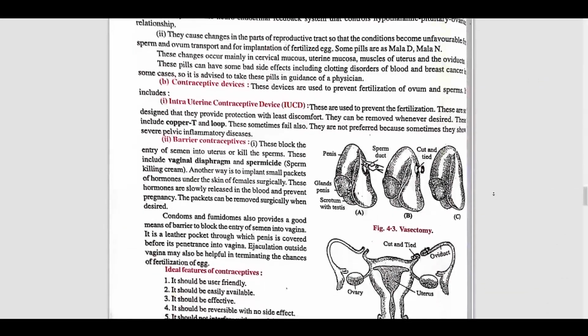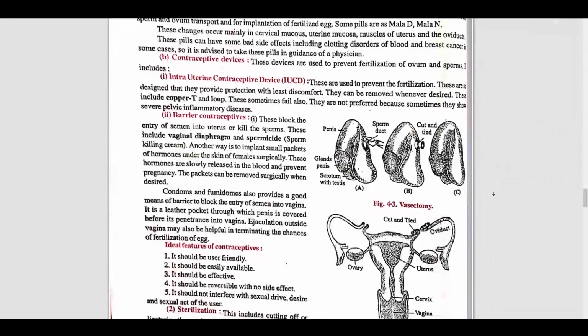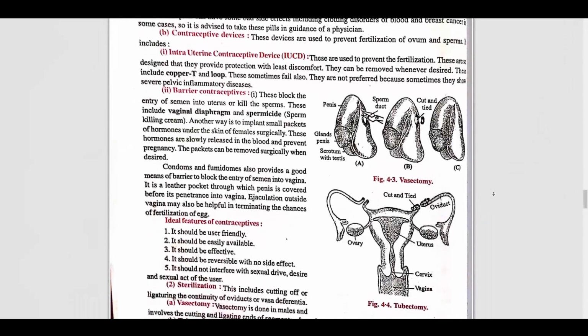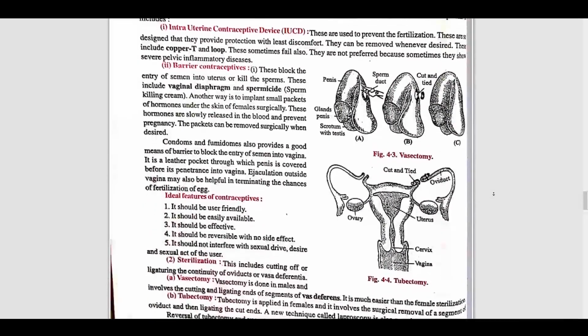These are used to prevent fertilization. They are designed to provide protection with least discomfort. They can be removed whenever desired. These include the copper T and loop. Sometimes they can fail.